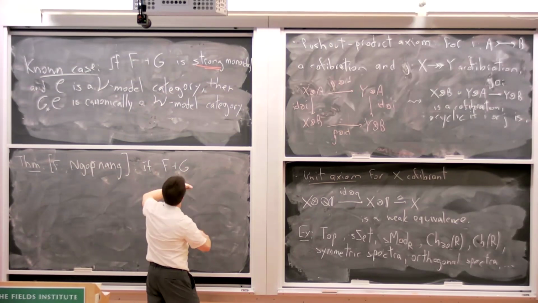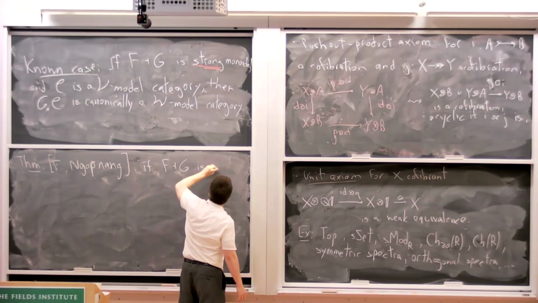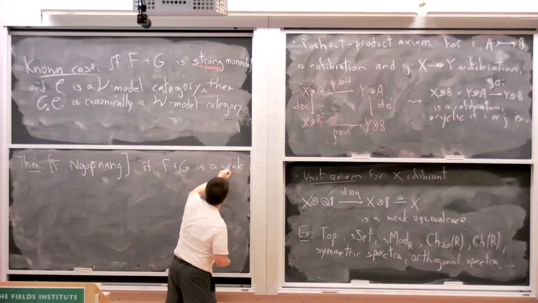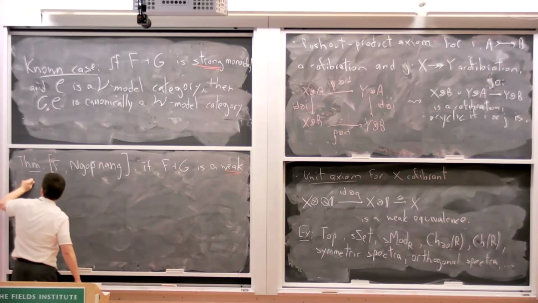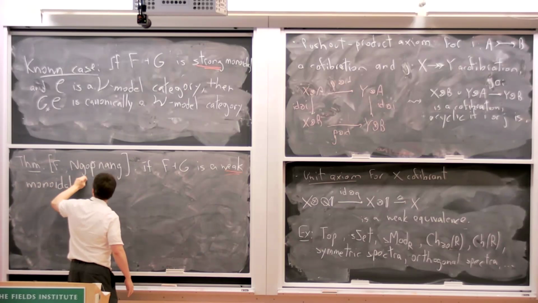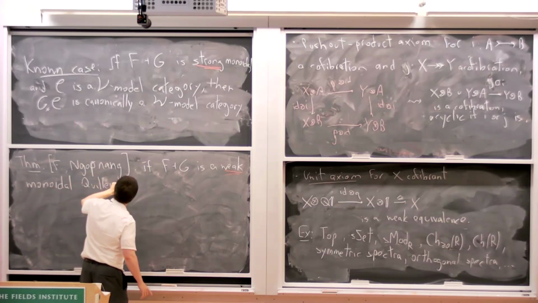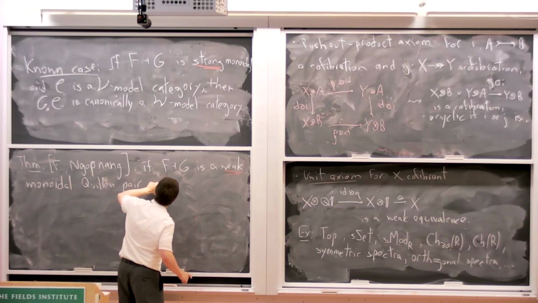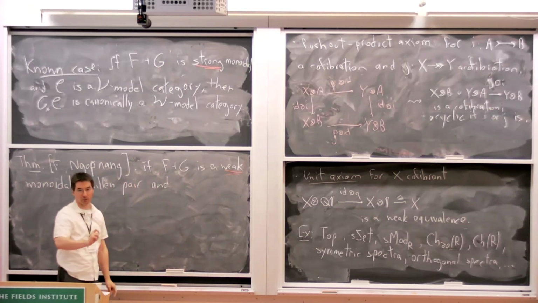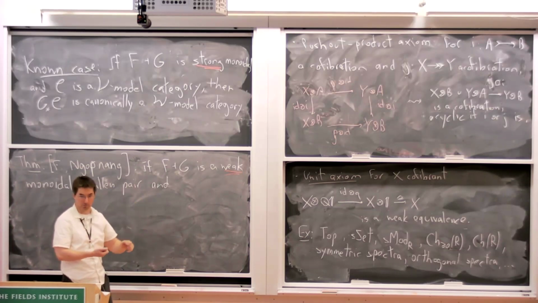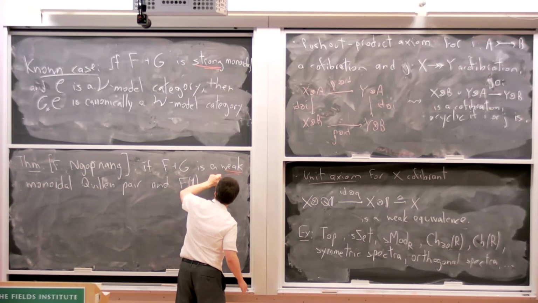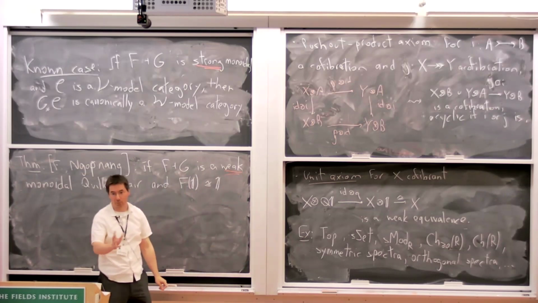If the equivalent pair is weak monoidal, I do need a bit more. I need to assume that F has one of the two conditions of being strong, namely preserves the tensor unit. That will be convenient. A mild condition, it's satisfied by Dold-Kan.